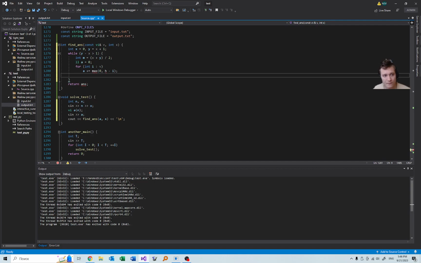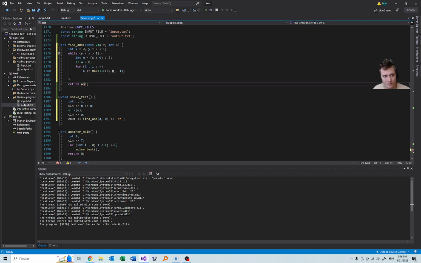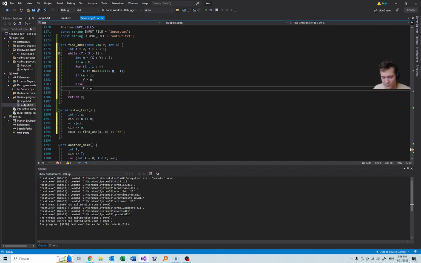And then we say that, what's wrong with you, m? And then we say that we return x, and if a is greater than x, then we cannot. So if a is greater than x, then we cannot use so big aquarium, so y equals m, else x equals m.